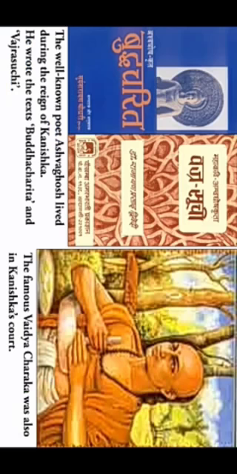The well-known poet Ashwaghosh lived during the reign of Emperor Kanishka. Ashwaghosh had written some important texts such as the Buddha Charitra and the Vajra Suchi. Also, the famous Vaidya named Charaka lived in Kanishka's court.